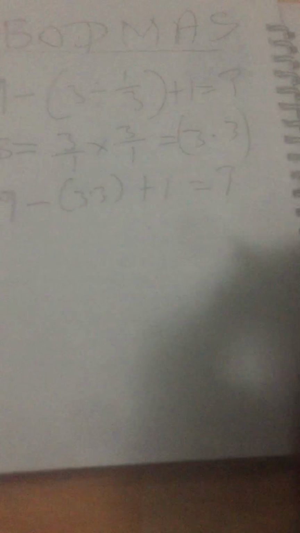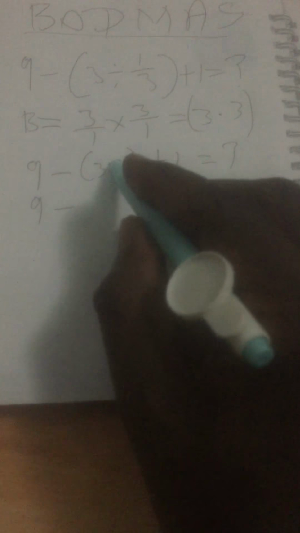So our equation now becomes 9 minus 3 by 3 plus 1 equals to nothing yet. Now, let's solve this. 9 minus 3 by 3 will give us what? 9 minus 9 plus 1 equals to.